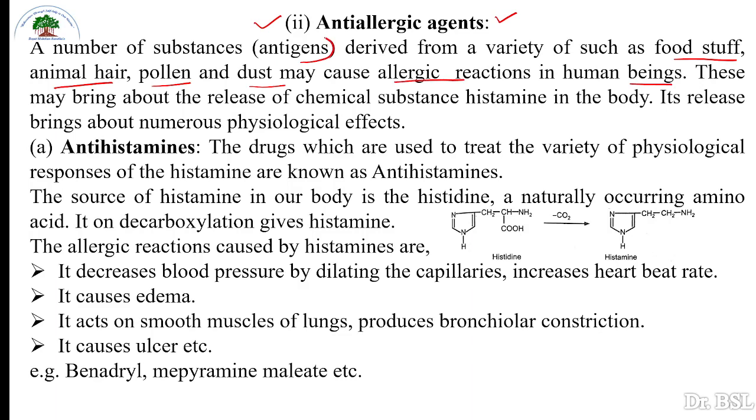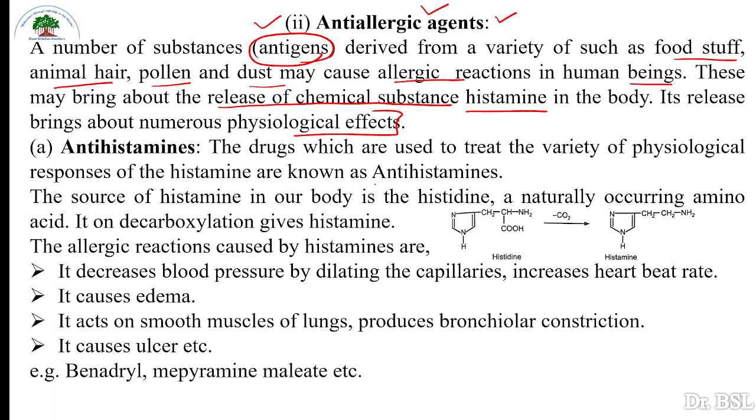These substances are known as antigens. These may bring about the release of the chemical substance histamine in the body. Its release brings about numerous physiological effects, and this is the condition of allergy. So drugs used against allergic conditions are known as anti-allergic agents.